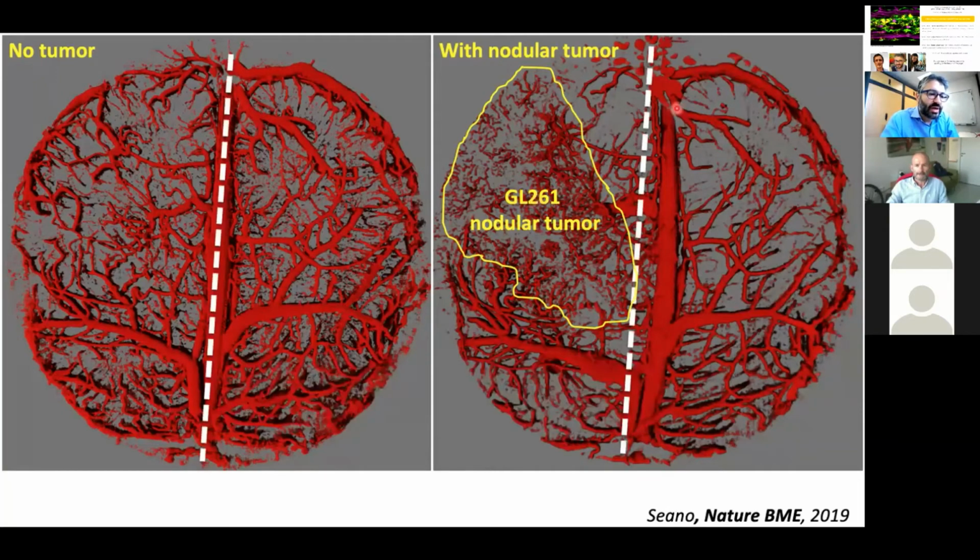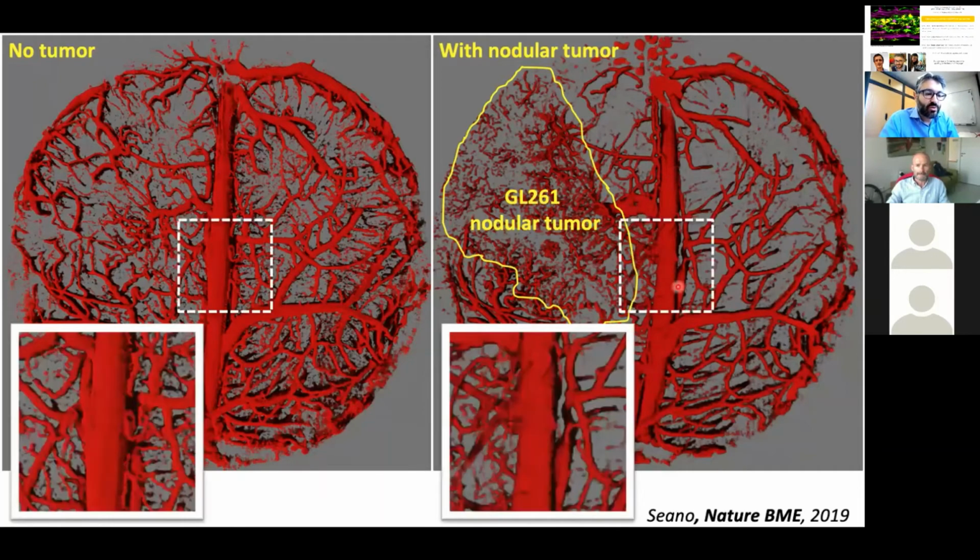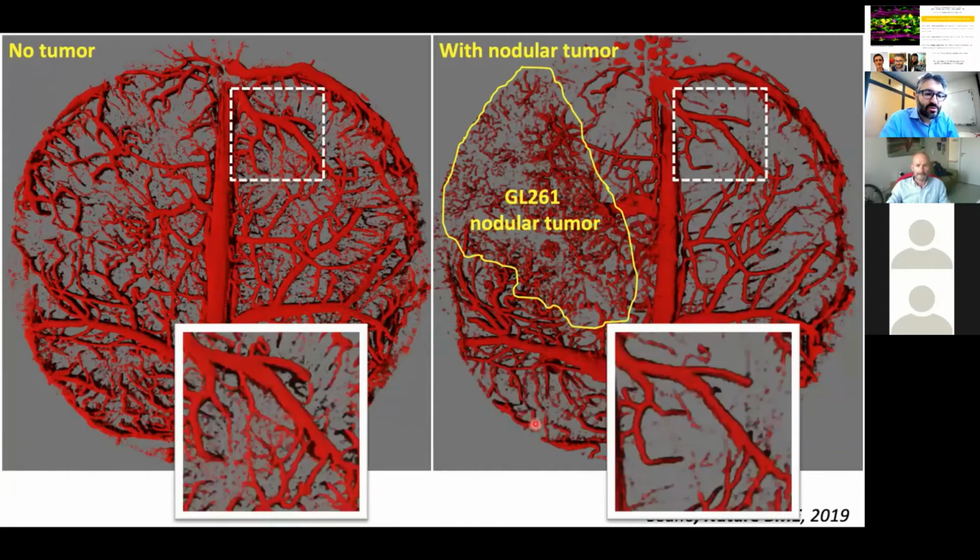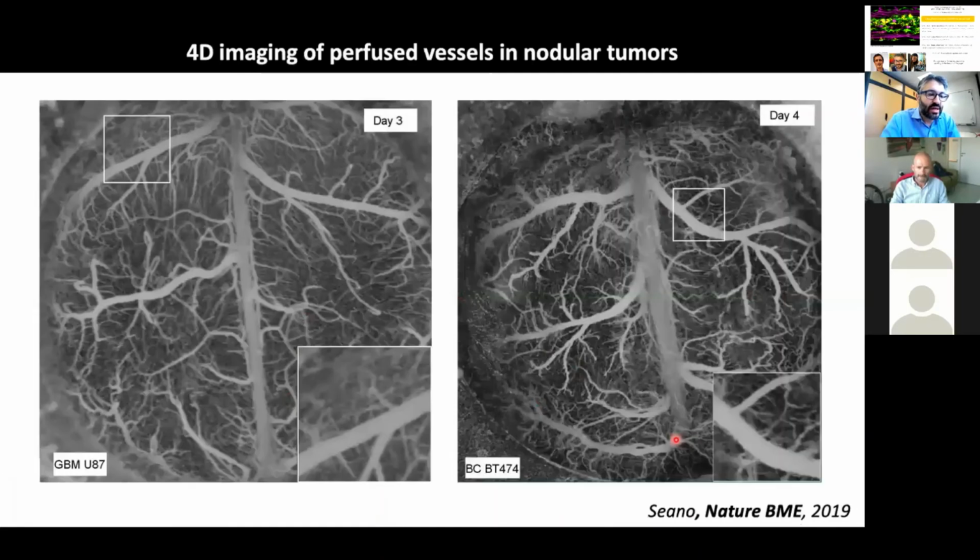You can definitely see that several things happen with the tumor growth. You see that we have the sagittal sinus shift. You see that we have the diameter reduction of the sagittal sinus. And more importantly, you see that you have an overall reduction of the perfusion of the vessels. Remember that these are perfused vessels, and we are only capable of seeing the perfused vessels. So this reduction is actually quite important.